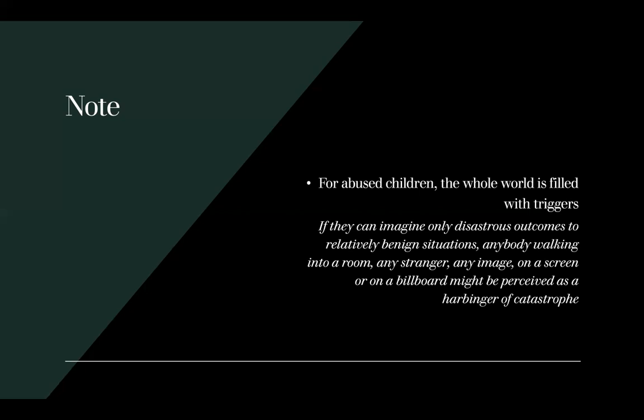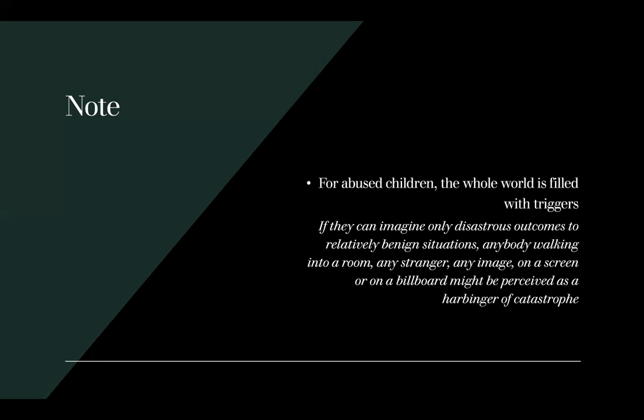So for children who are abused and or neglected, remember, abuse and neglect are not separate things. They're on a continuum, where one is more active and one is more detached, but they are both conceptually under the umbrella of abuse. So if a child is abused or neglected, we'll talk more specifically about abuse here, then their concept of the world is that it is largely unsafe.